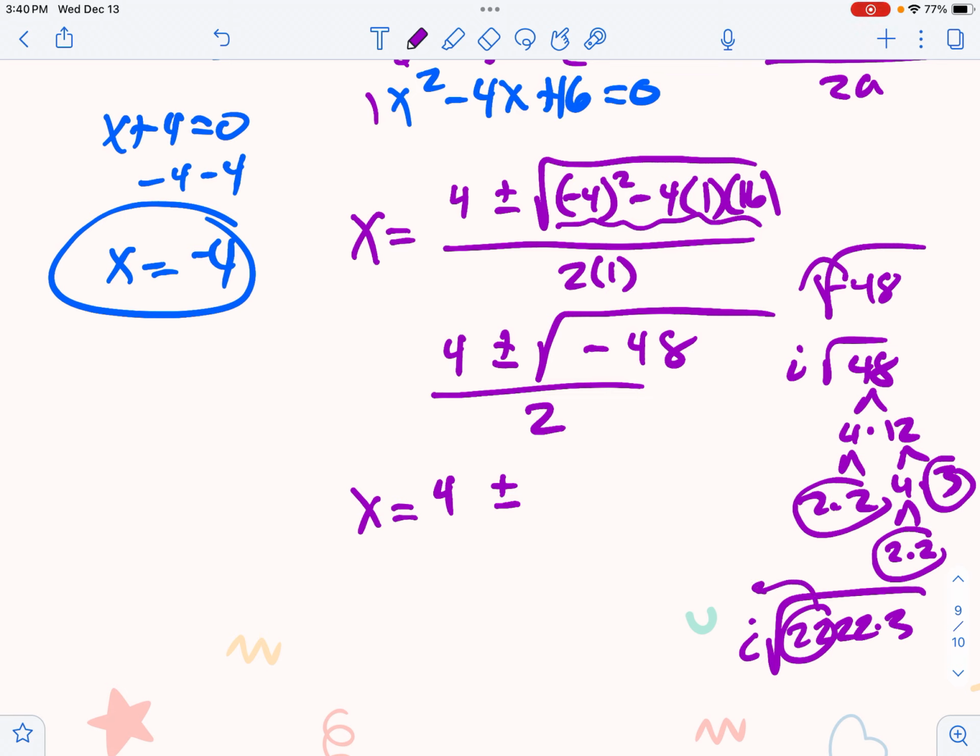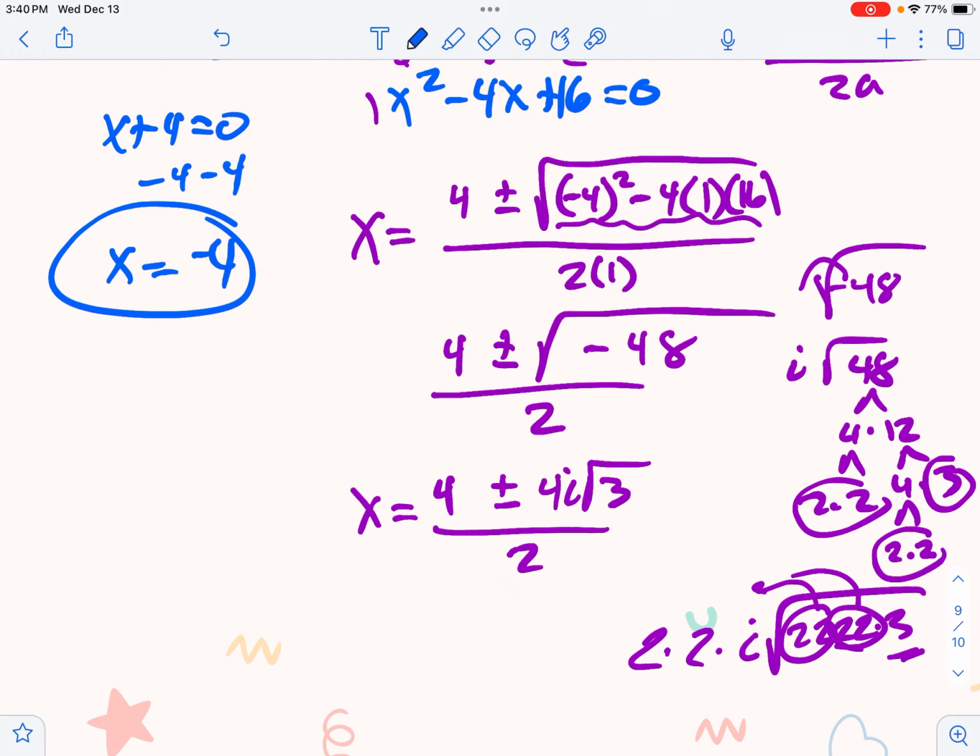There's already an i out there. I'm going to take out a pair of 2's, so I've got to multiply by 2. Take out another 2, and leave that 3 in there. So 2 times i, that's 4i. Square root of, there's a 3 left there. That's not a negative 3. That's just 3. All over 2.